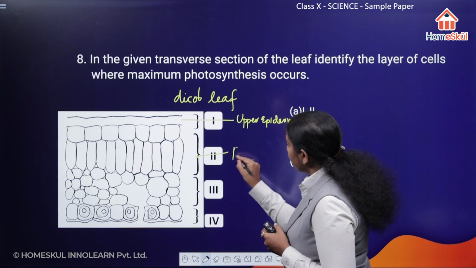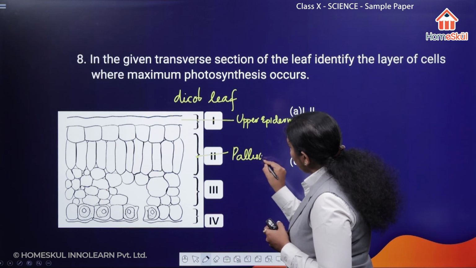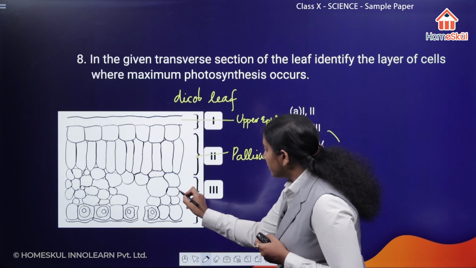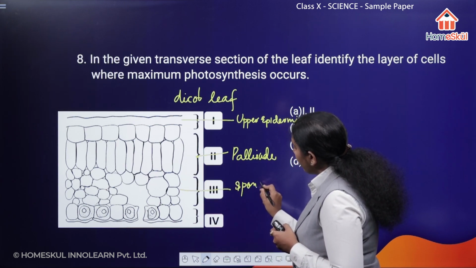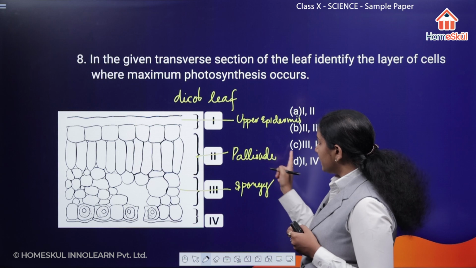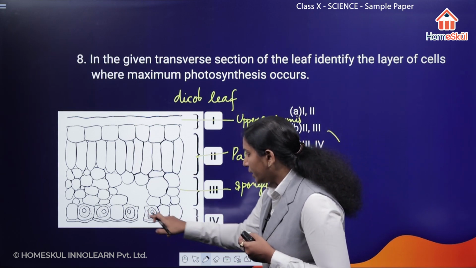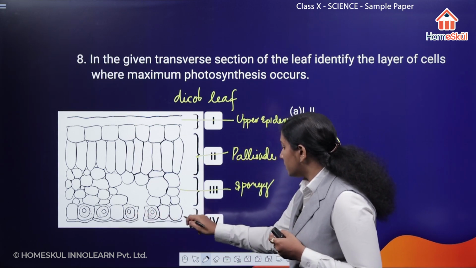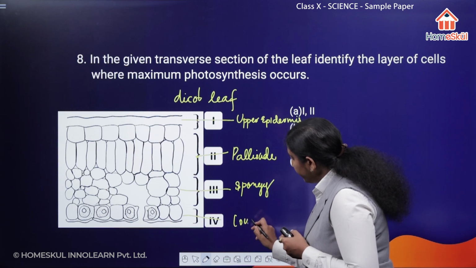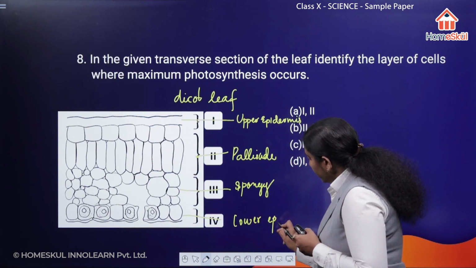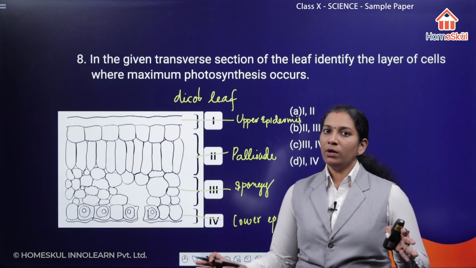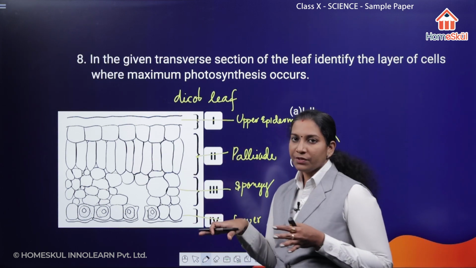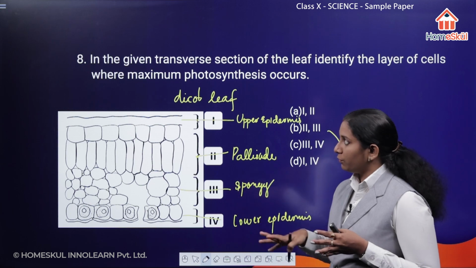Palisade mesophyll, and these lower spherical cells are called as what? Spongy mesophyll. Okay, palisade and spongy mesophyll, and here you can see the stomata. Okay, so this is the lower epidermis. So now you know the different regions labeled as 1, 2, 3 and 4.